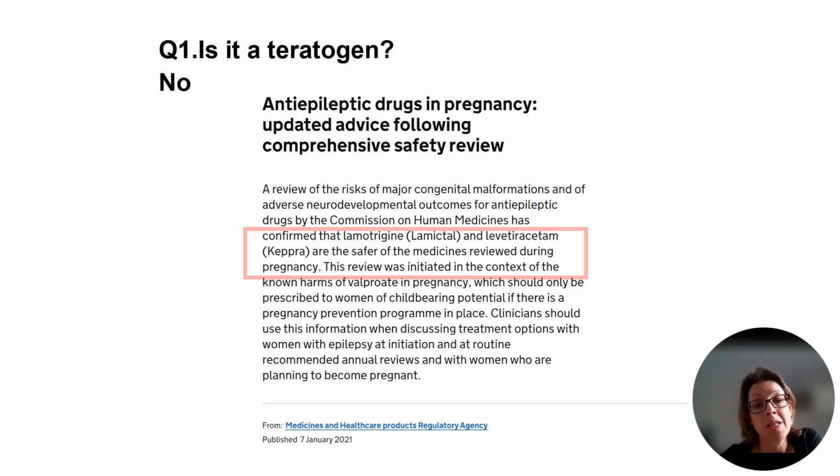There is a lot of data now, with the caveat that you need to be counselling the woman, that it's very important to understand the importance of continuing to adhere to the drugs.